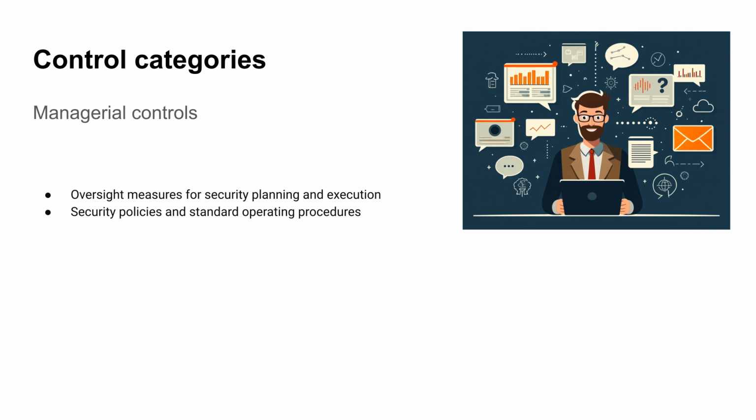When developing security policies or formal documentation, managerial controls play a key role. These controls ensure that security considerations are woven into the fabric of everyday operation. You'll often find these controls embedded in standard operational procedures, helping to enforce security practices across the organization consistently.